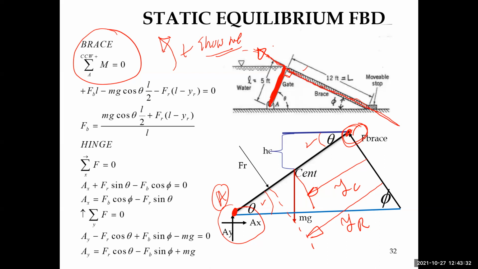This force F sub B creates a counterclockwise rotation about point A. So that's plus F sub B times its moment arm, which is L. L is the perpendicular distance between the line of action of the force F sub B and the point of rotation.